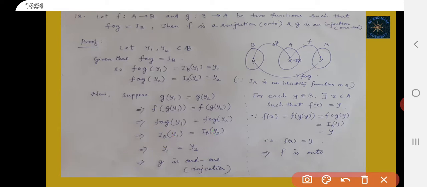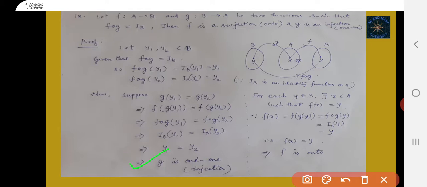So you have this g of y1, you get y1, g of y2, you get y2. So the function g is 1-1, or you may say injective function.